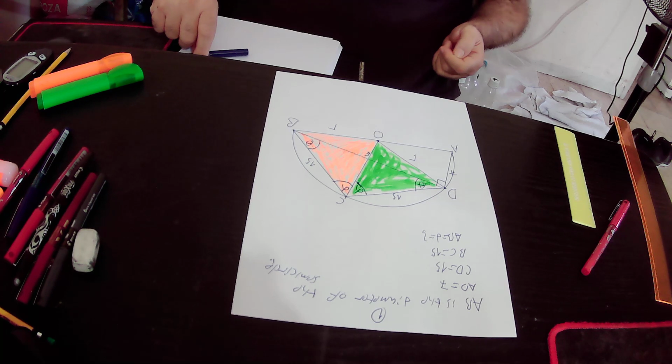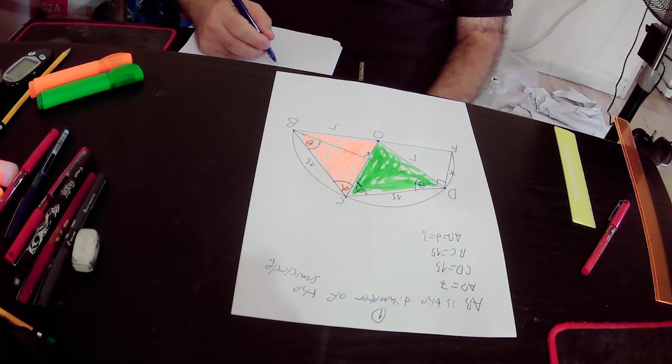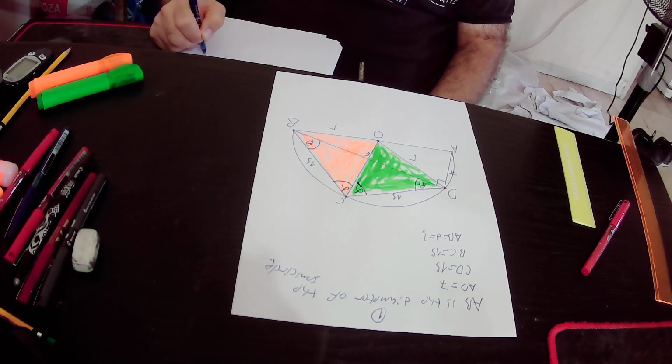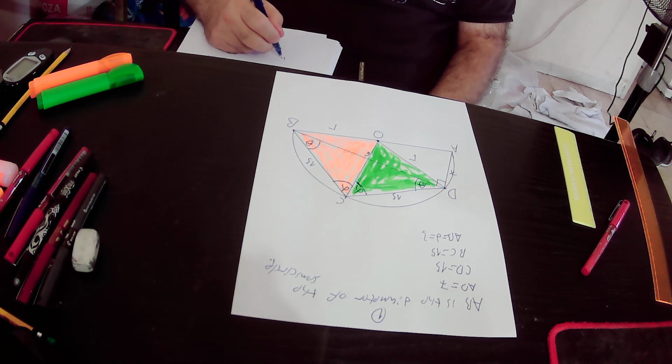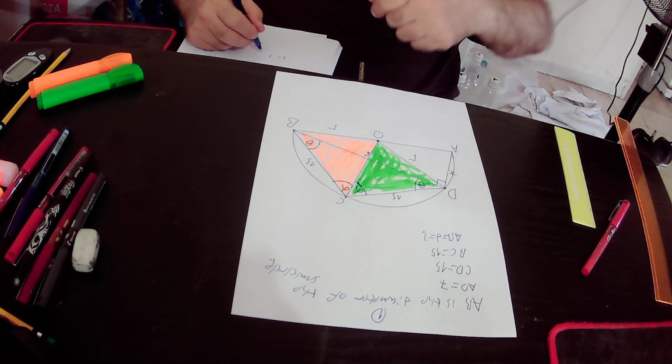So we actually proved that the green triangle, triangle DEC, is congruent to the orange triangle, triangle ECB.